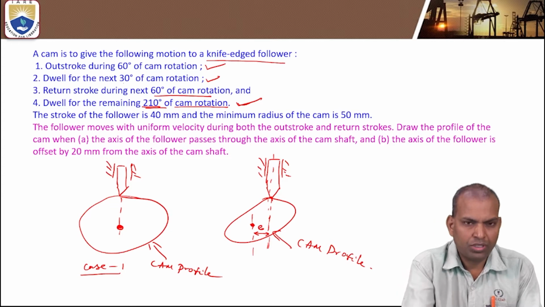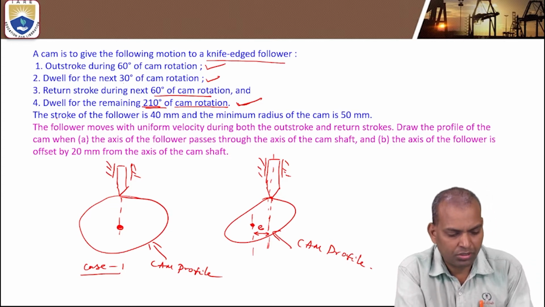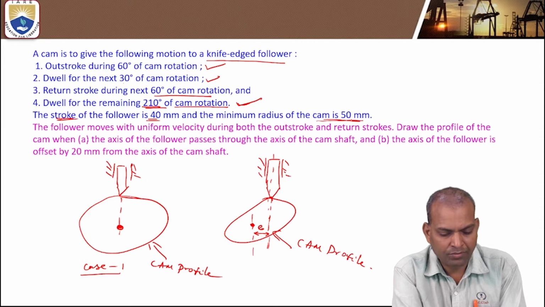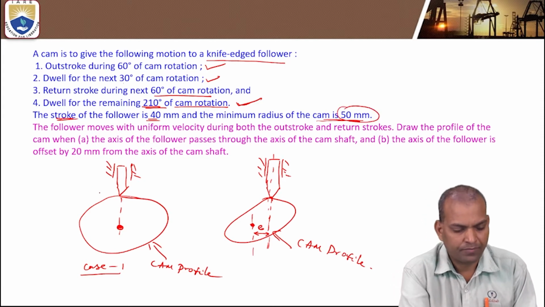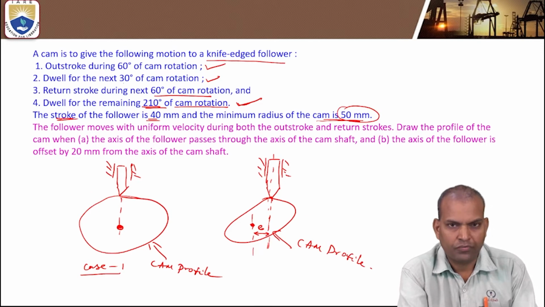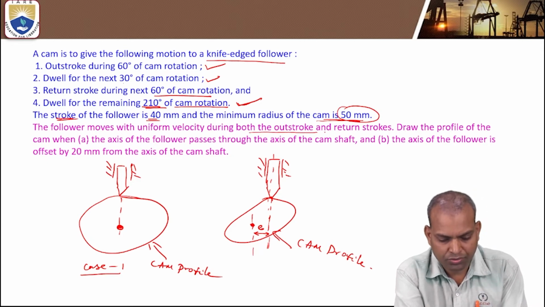Now the stroke or lift of the follower is 40 millimeters, and the minimum radius of the cam is 50 millimeters. The follower moves with uniform velocity during both the outstroke and return strokes.